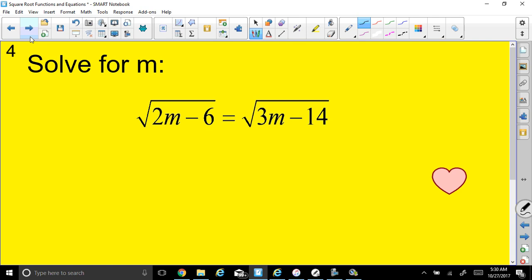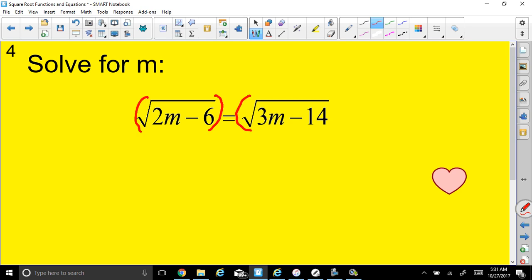Here we're going to go a little further with a square root on both sides. I notice sometimes you have a square root on one side, whereas here we got a square root on both sides. So that's no problem. We want to isolate the square roots on both sides.